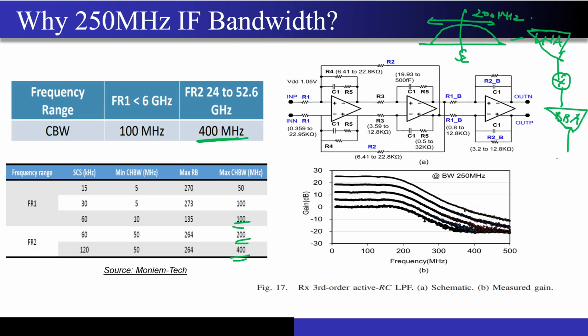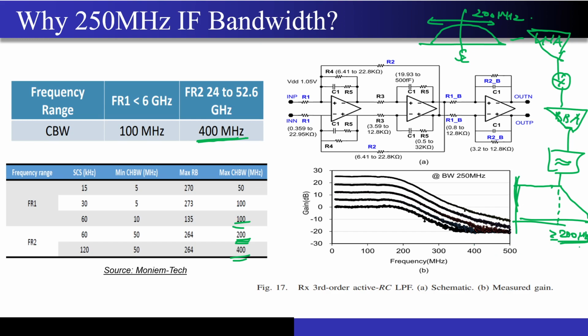Now this baseband amplifier and the cutoff filter that I have over here should be capable enough of handling this 200 megahertz of bandwidth. So if my information is lying in the 200 megahertz range, I have to make sure that my 3 dB frequency is at least greater than or equal to this 200 megahertz.